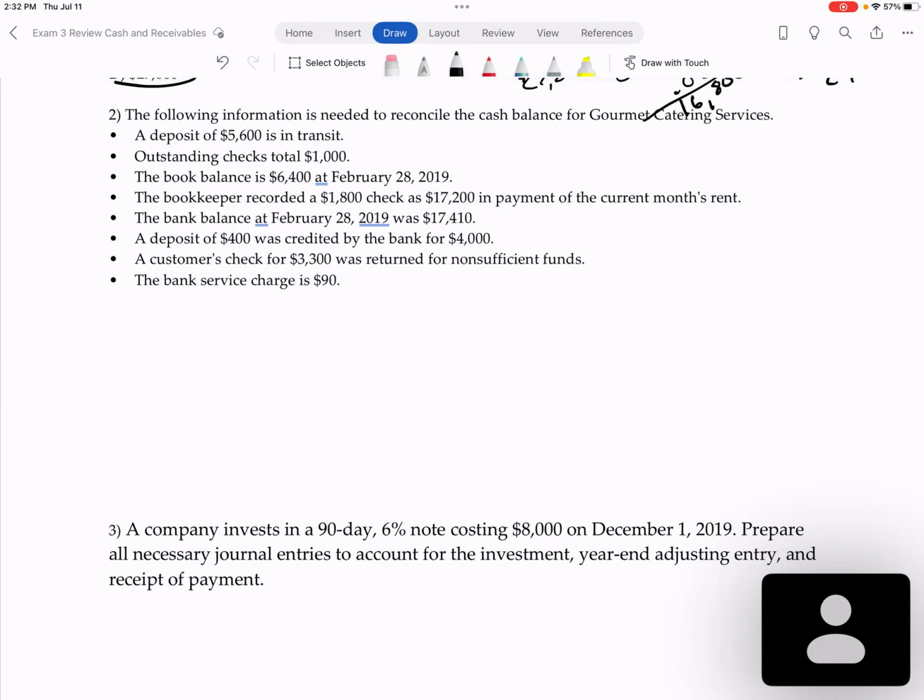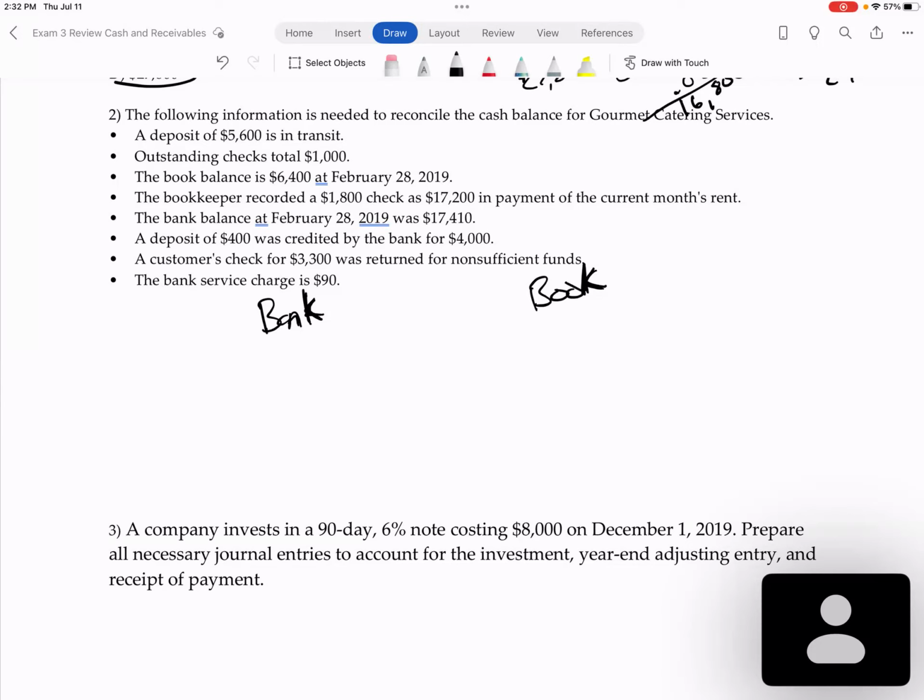Textbooks may show a real formal way of this, but honestly, I just end up putting down bank. That's the bank balance based on the bank statement. And then we have book. This is the balance of our cash account based on what we have recorded for journal entries and stuff like that.